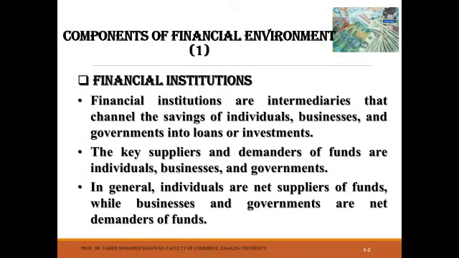Therefore, if you look at any financial environment, you will find we have two basic partners: the suppliers, who have a surplus of funds, and demanders of funds, and those could be individual, business, or governments. In general, individuals are net suppliers of funds, while business and governments are net demanders of funds.